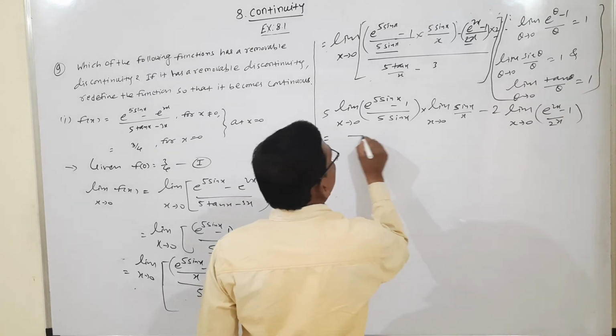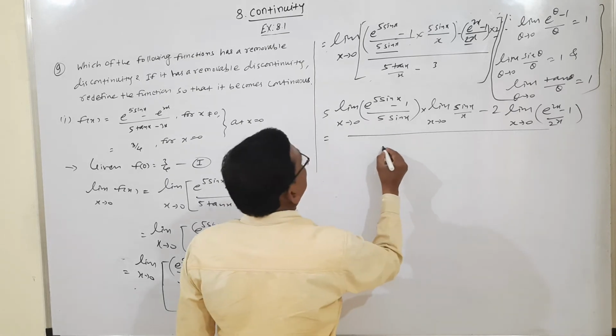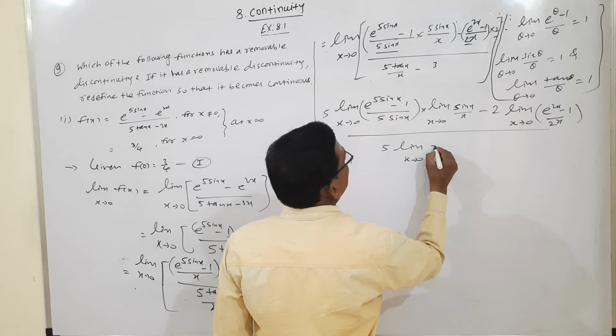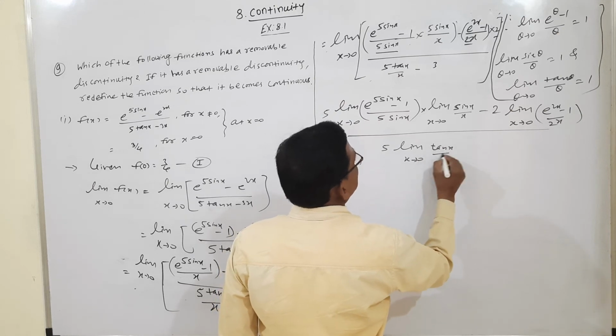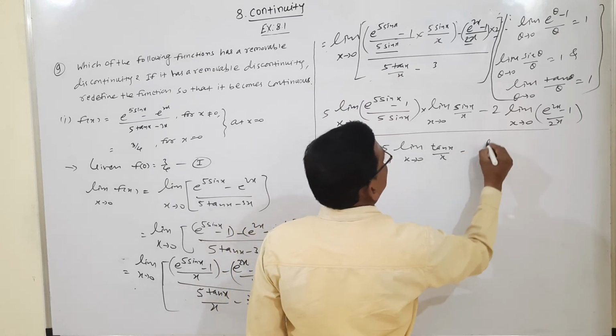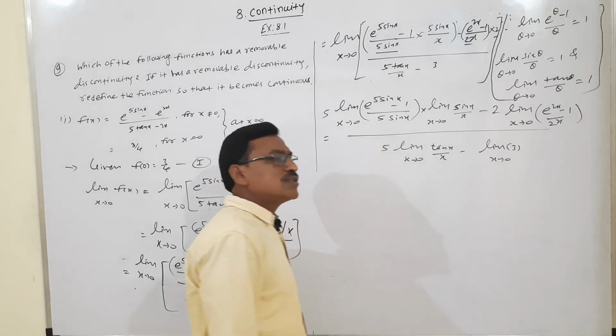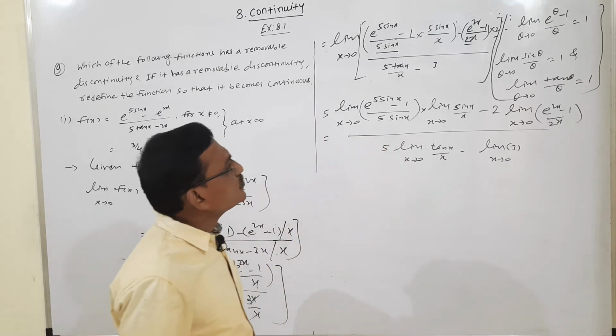Okay, whole divided by 5 into limit as x tends to 0 of tan x divided by x, minus limit of constant. Limit of a constant is constant.